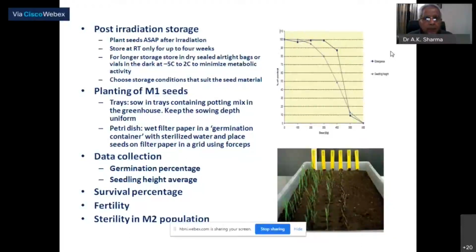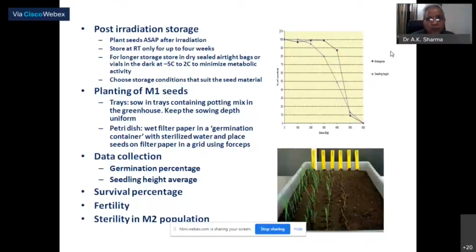Now, many times after irradiation one can store plant seeds at room temperature up to 4 weeks, so you should not prolong this storage. The material after irradiation should not be stored more than 4 weeks.